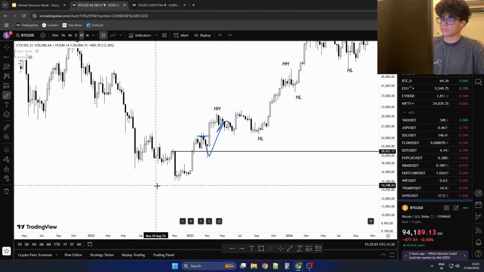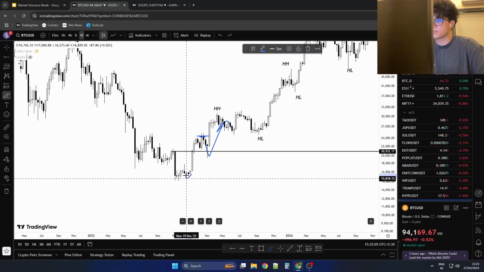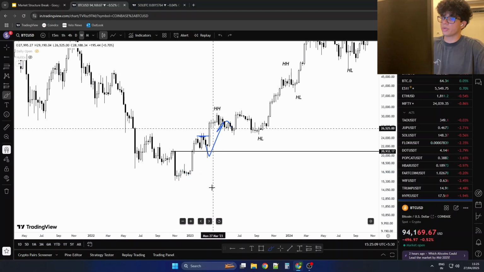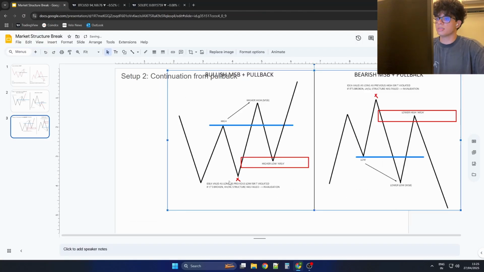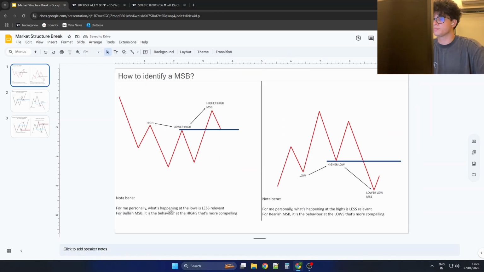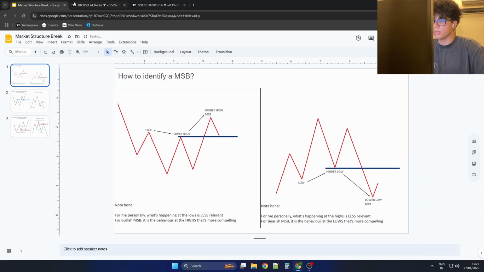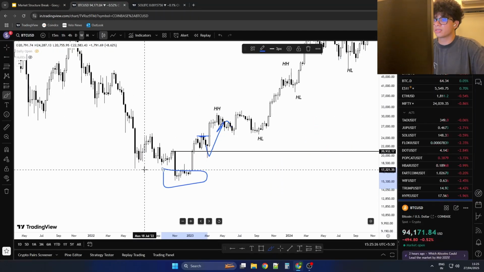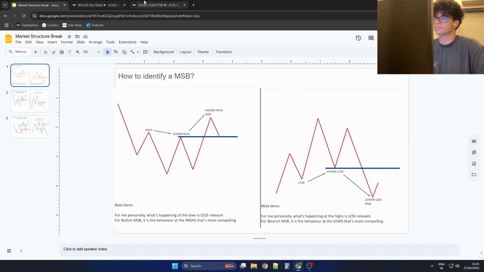But here, the main catch is that it failed to form a lower low. So look at this, and then look at this. Look at the bottom part. It does not look like this. So that's why I told you guys that for me personally, what's happening at the lows is less relevant, and what's happening here is more relevant.